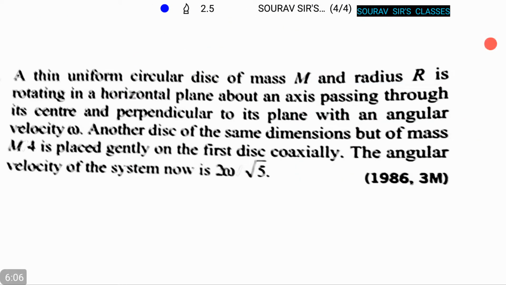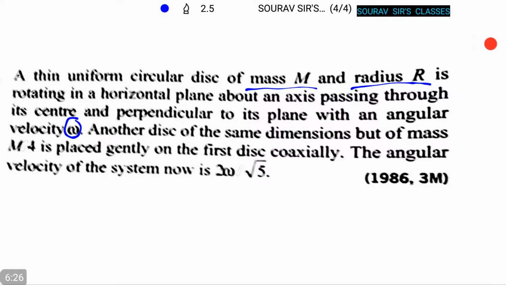Now this is our next question: a thin uniform circular disk of mass m and radius r is rotating in a horizontal plane about an axis passing through its center and perpendicular to its plane with an angular velocity omega.